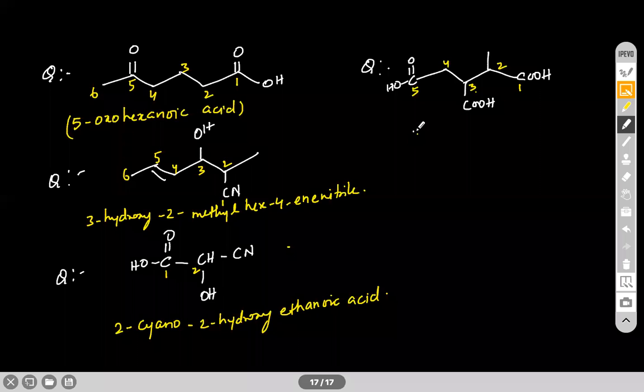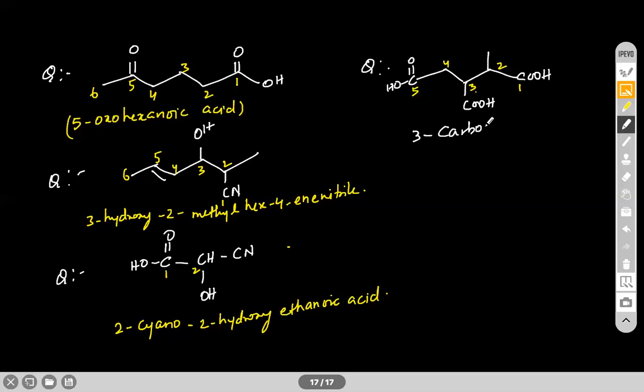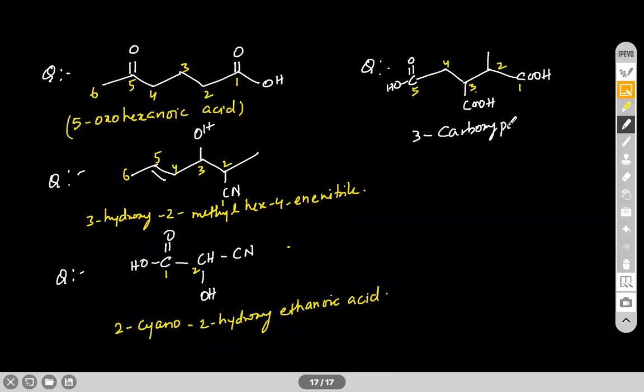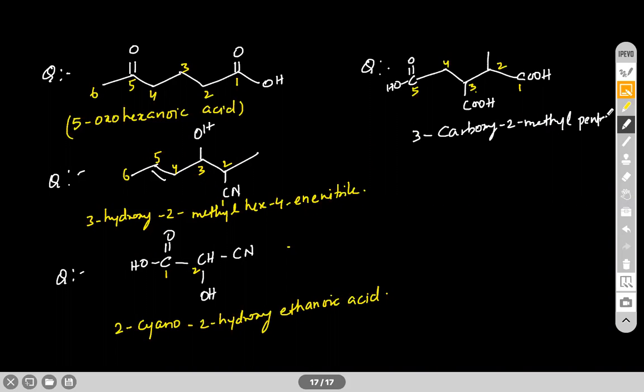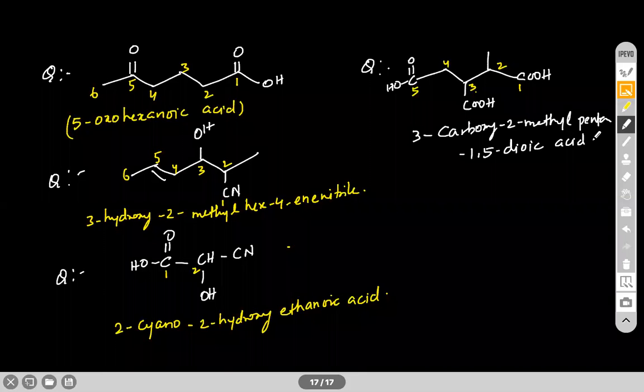Okay, so 3. Ruchita, you have asked this, right? Sorry. 3-carboxy, 2-methyl, pentane-1,5-dioic acid. Okay, fine. So like this, we can do the numbering of these polyfunctional group compounds.